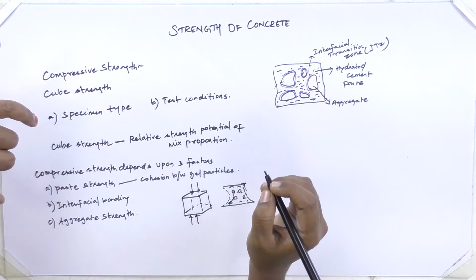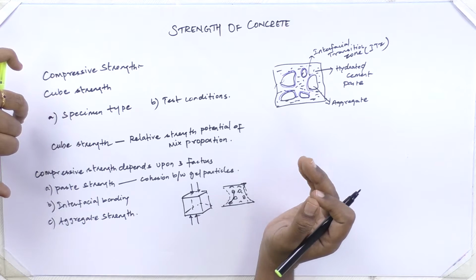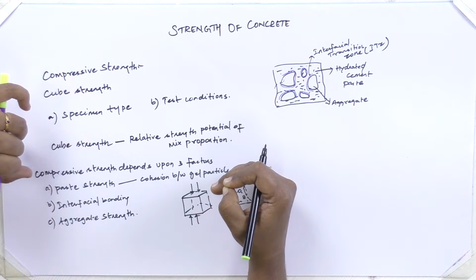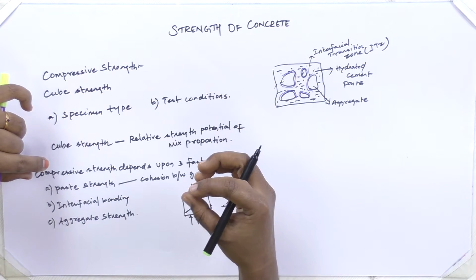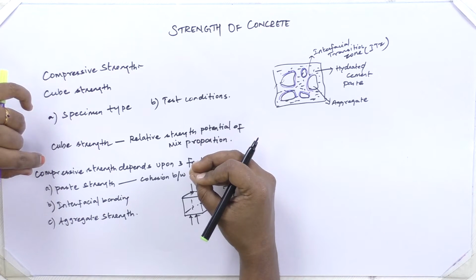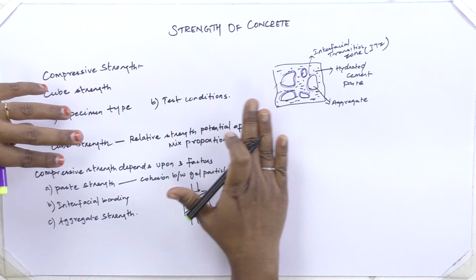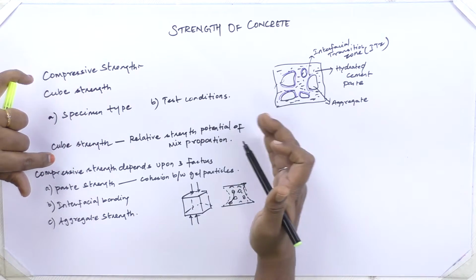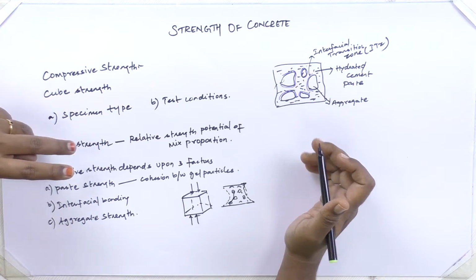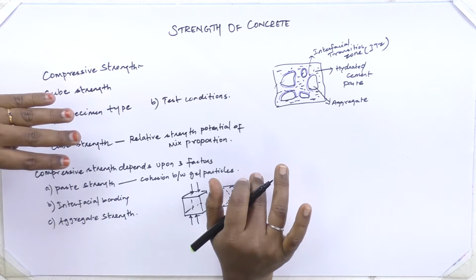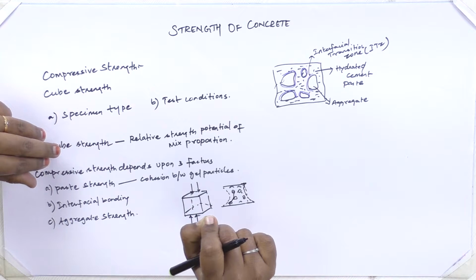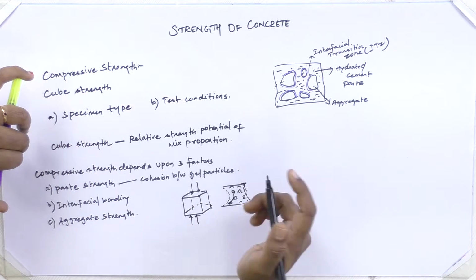Supposing there is an initial flaw in my concrete making, that remains the same throughout the entire lifespan of the structure. So when a load acts on it, the first crack will initiate from the flaw.